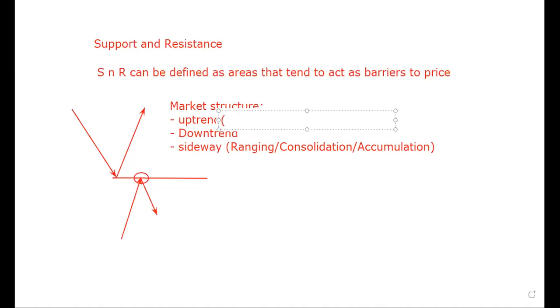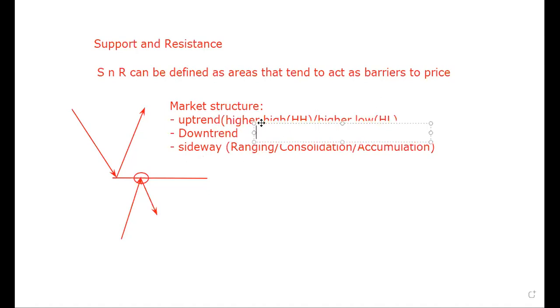Now, when the market is in an uptrend, the market will continue to form what we call higher highs and higher lows. So we'll call this HH and this HL, higher highs and higher lows, when the market is in an uptrend.